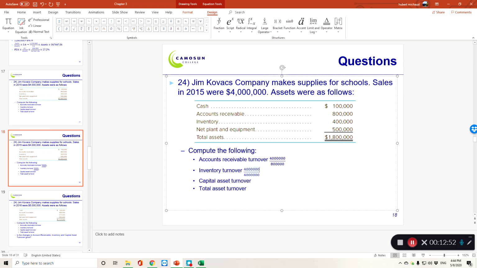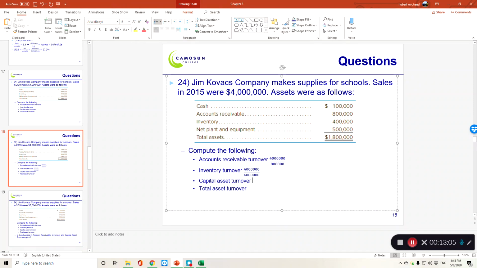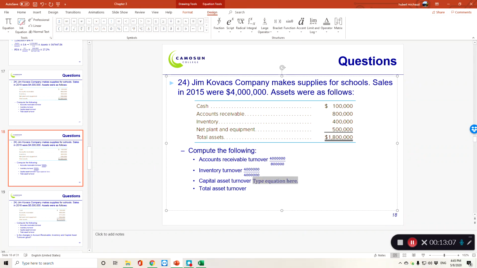As earlier I said, the inventory turnover can be computed using the cost of goods sold or the sales. In this case, we only have the sales, so it's pretty obvious that this is what we should do. But normally it would be industry specific which one we would want to use. Capital asset turnover is my sales, 4 million, that I divide by my capital asset, $500,000 in this case.